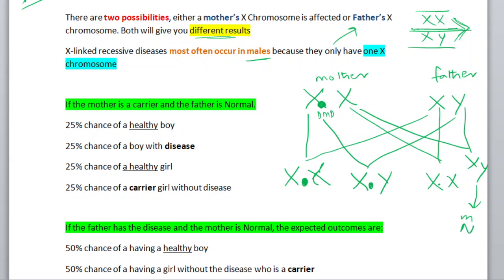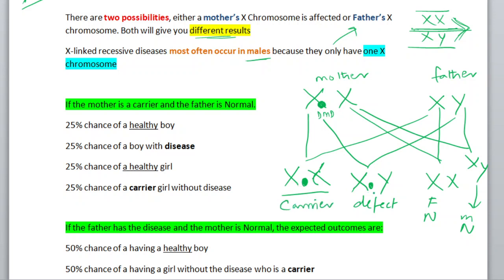Now this one is a female, which is completely normal, and this one is a male, but he will be defective. And this one is a female, which is a carrier.